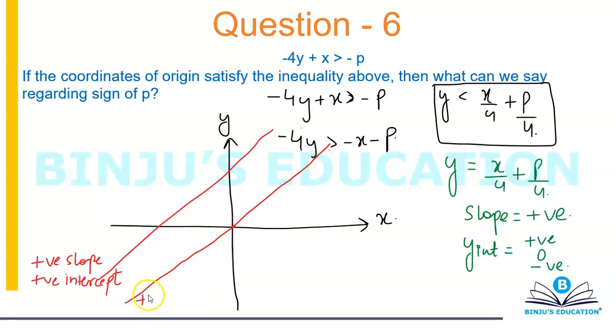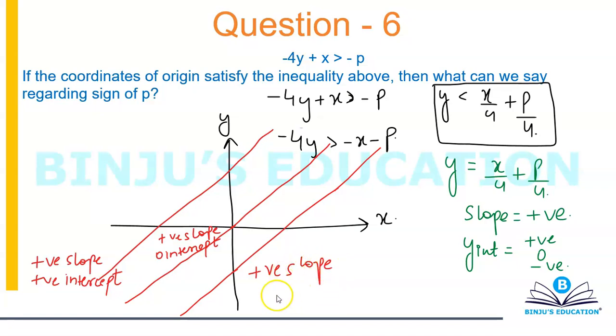So the second line is positive slope and 0 intercept. Third case is positive slope and negative intercept. So this will be the case of positive slope and negative intercept. Alright, now what's the question?